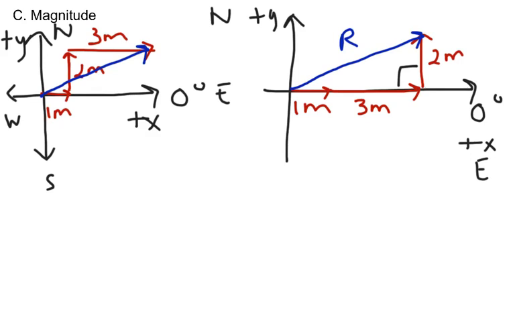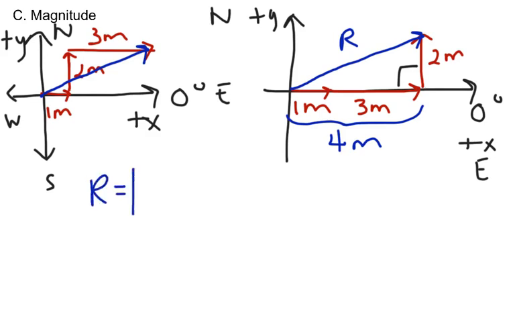Now, can we find the resultant in this diagram? I think we can. In finding the resultant, we're going to use the Pythagorean theorem. Let's combine on the horizontal axis where you have the 1 meter and the 3 meter. They're going in the same direction, so that total value will just be 4 meters on the horizontal side of the triangle.